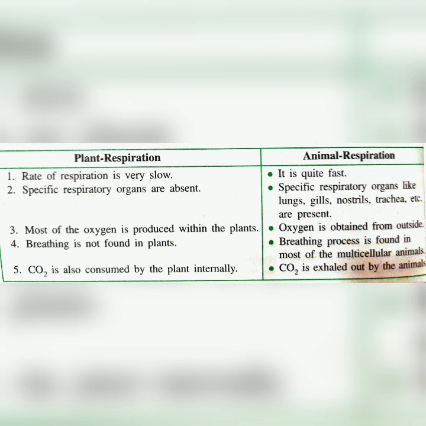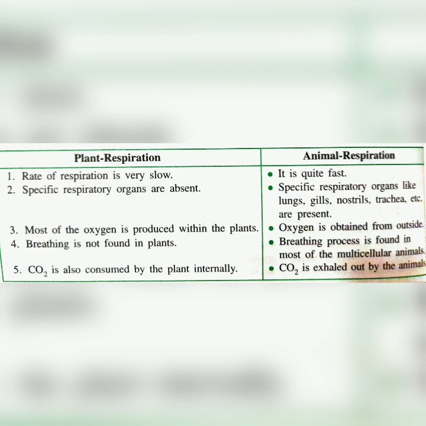Okay, so now we will learn about the differences between respiration in plants and respiration in animals. The rate of respiration is very low in plants, whereas it is very fast in animals, because animals move from one place to another, so they need more energy. Plants do not move, so they do not need that much energy.